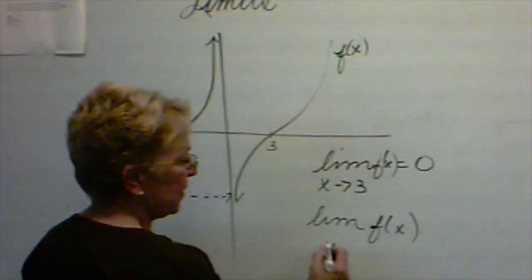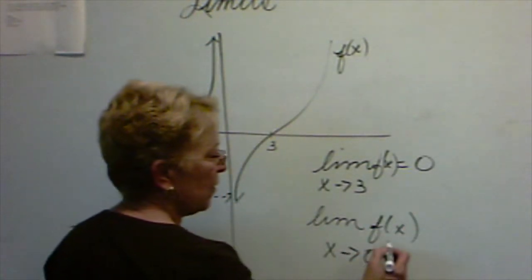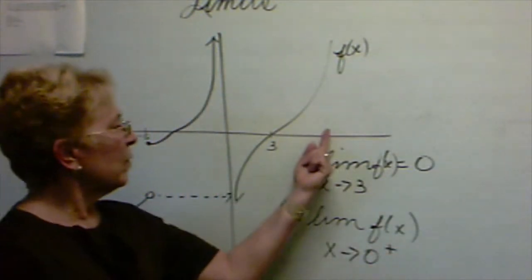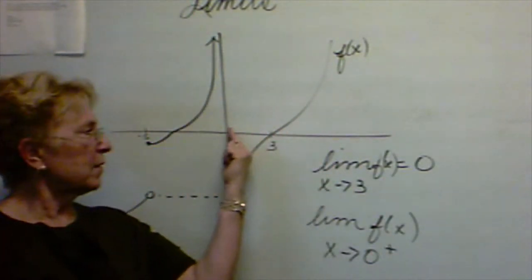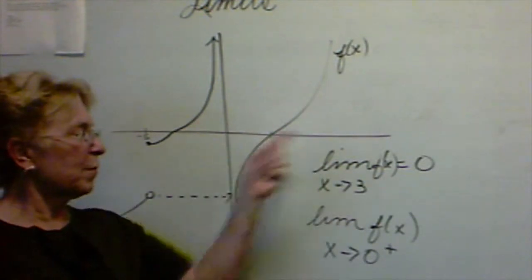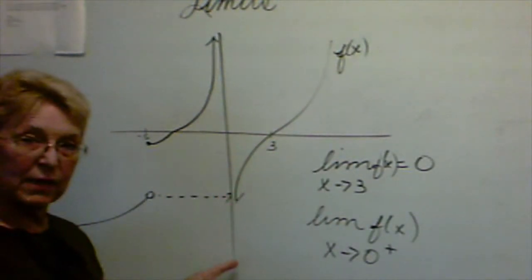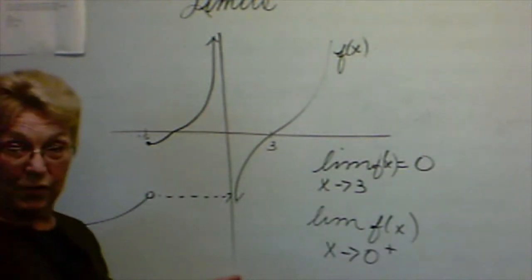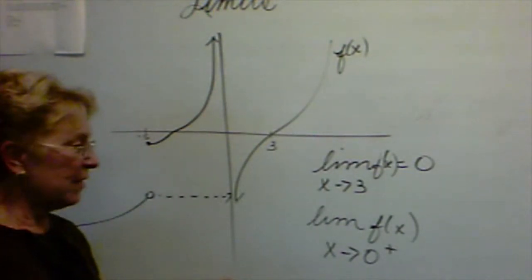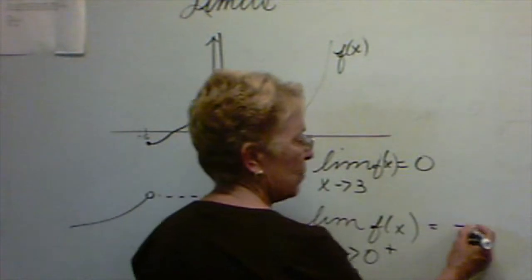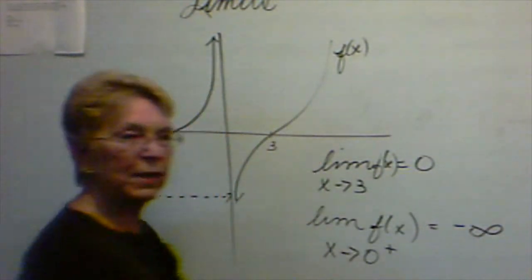whatever this crazy function is, as x approaches 0 from the right, we're tooling down here, getting closer to 0, coming from the positive side, and we see our function getting increasingly further down into negative territory. So our answer is going to be, without bound, a negative infinity.